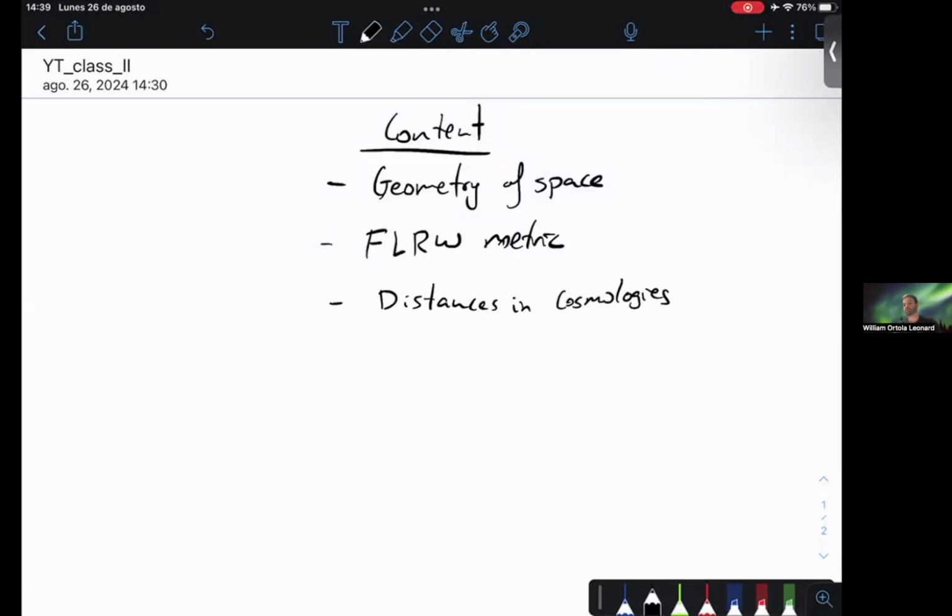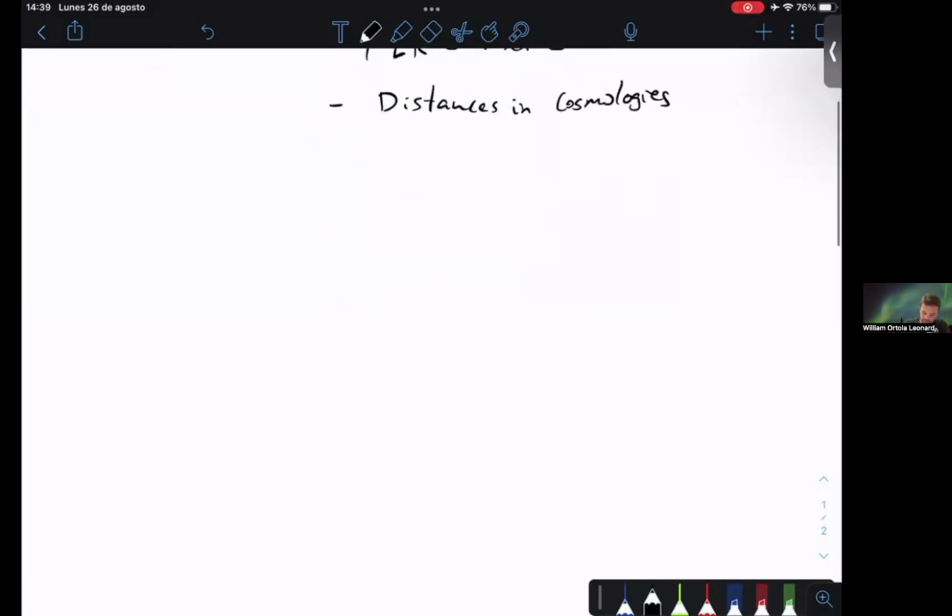Okay, so let us get started with the geometry of space. For space, we basically have two types of geometry.